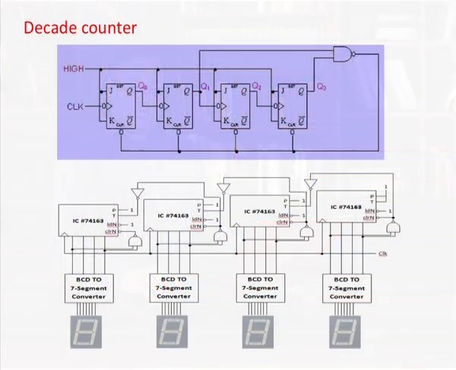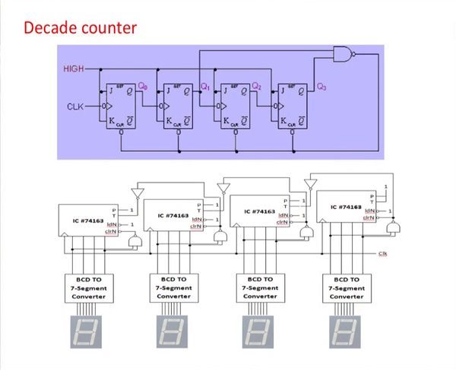That is, suppose the number of JK flip flops is 3, then it is capable of counting from 0 to 2 to the power 3, that is 8, minus 1, equal to 7. So, this is how the counter works, but here we have used decade counters. Decade counter means one which is capable of counting from 0 to 9, and a number of such 0 to 9 decade counters have been synchronized with each other.